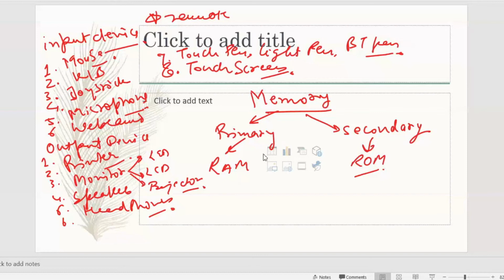What is this n actually? By looking at this n, what comes to your mind? If a processor is 32-bit, what is 32? If a processor is 64-bit, then what is this? Anyone, please?